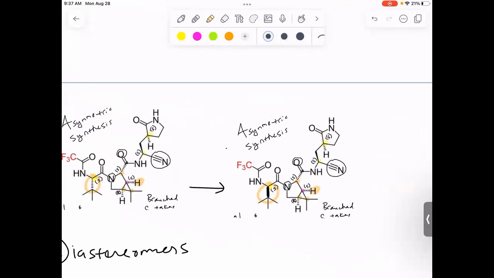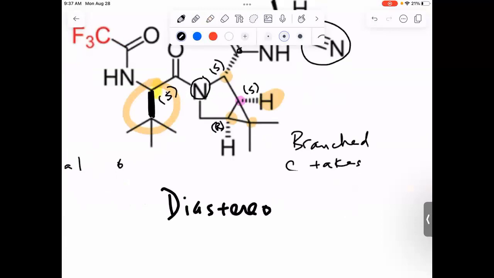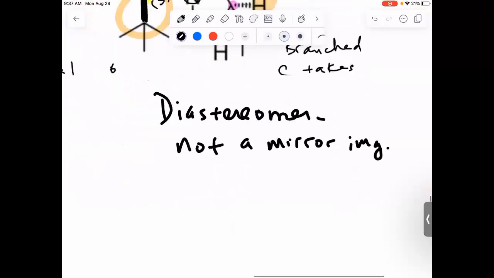But I didn't touch anything else. This is what we call a diastereomer. It's not a mirror image. And you only change one stereocenter.